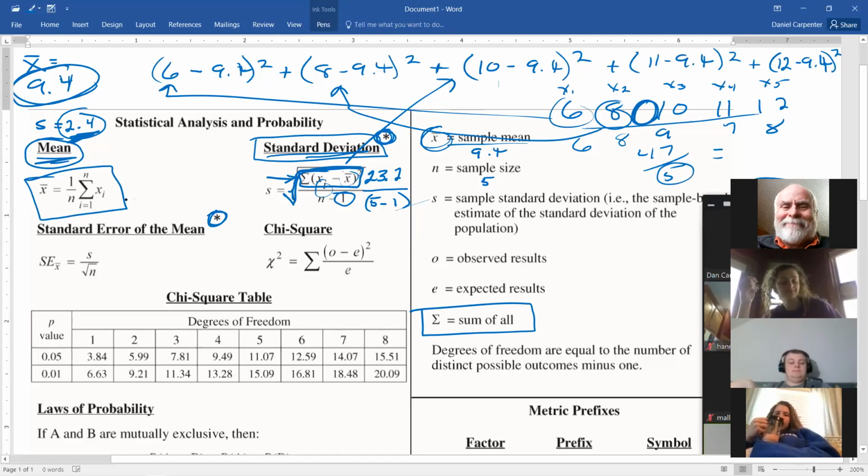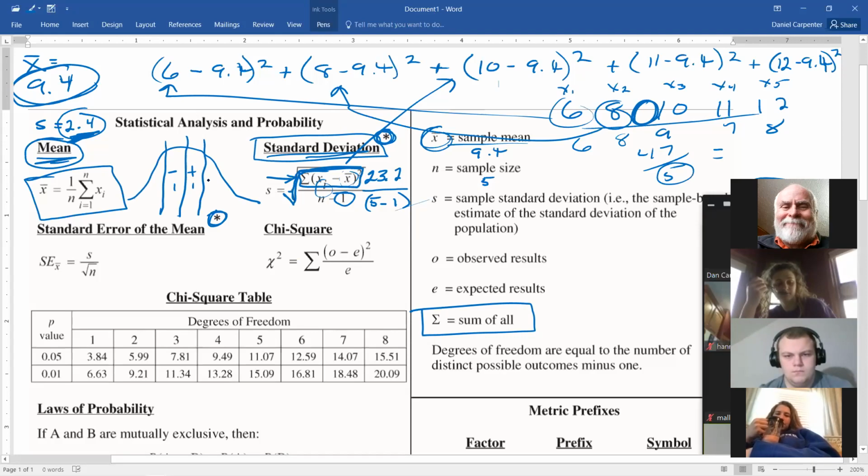Well, if you remember from psychology, that bell-shaped curve, average is here, and it turns out that plus or minus 1 standard deviation almost always contains, I forget the number, 80%, I think, of variation.